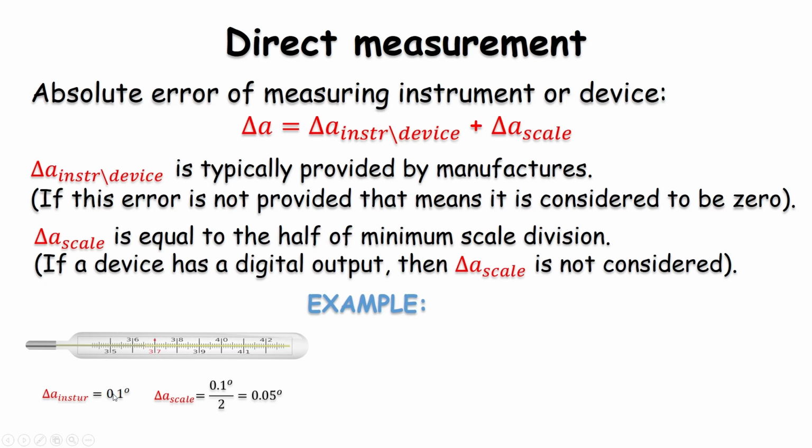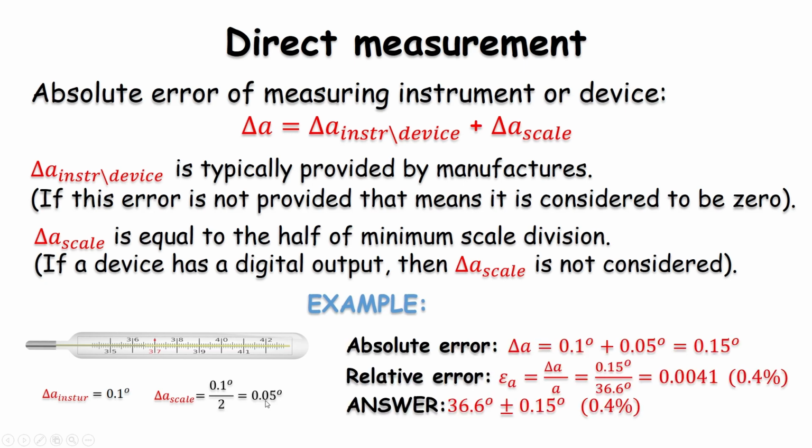And the minimum scale division is, as you can see here, 0.1 degree, meaning that the absolute error of the scale is 0.05 degree. So, the total absolute error is equal to 0.15 degree, which is the sum of these two absolute errors.